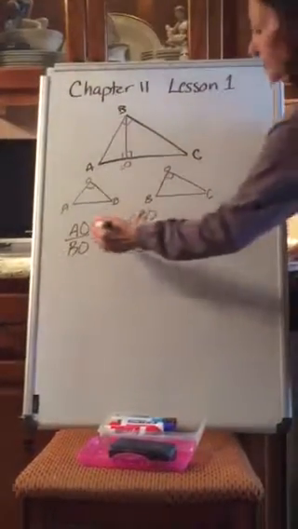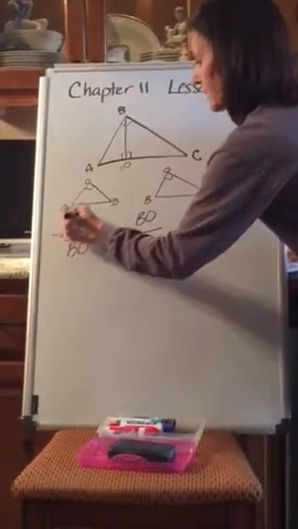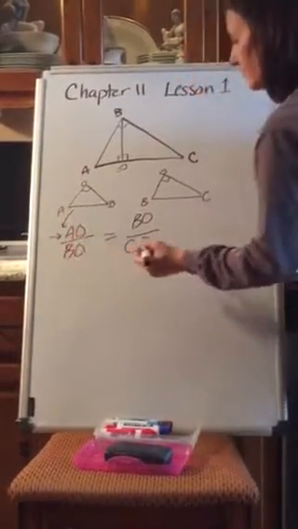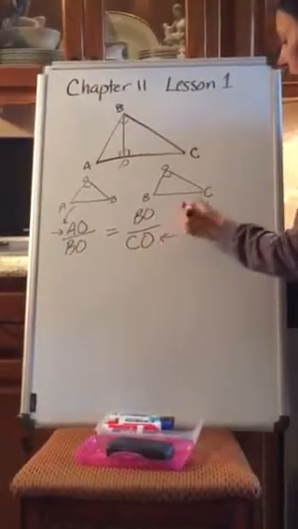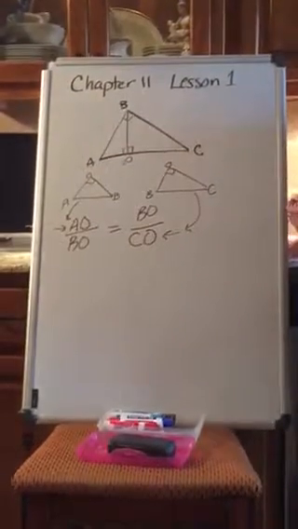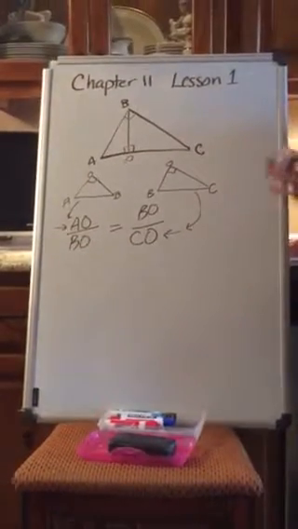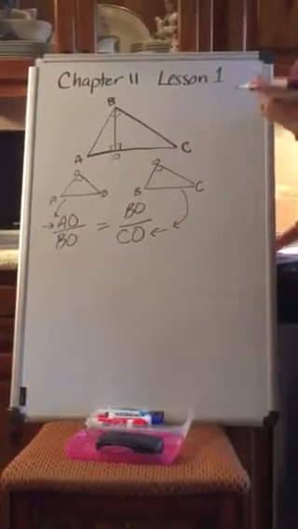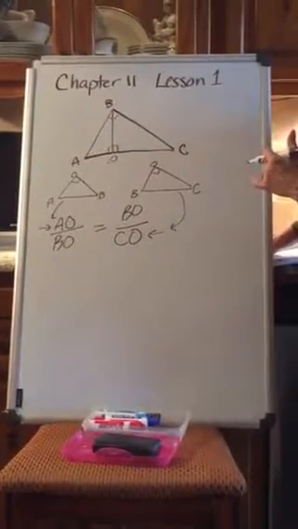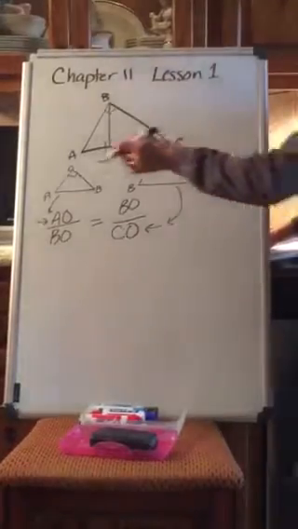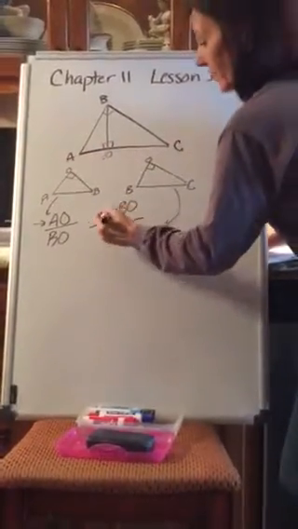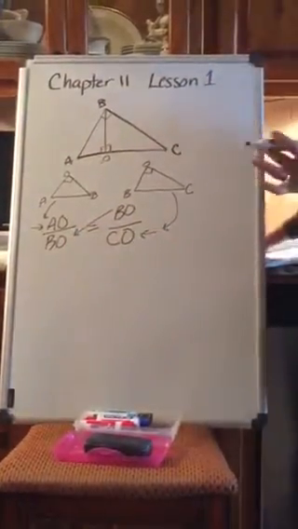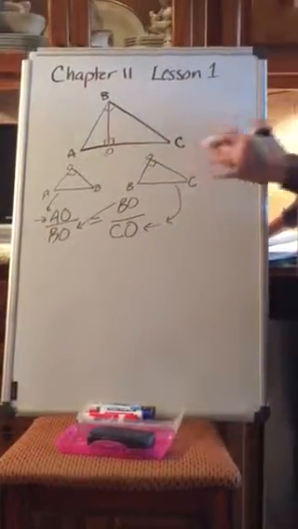The top ones I'm dealing with this triangle, and the bottom ones the slightly larger triangle, but the proportions should be equal. In the previous chapter we learned about the extremes and the means.